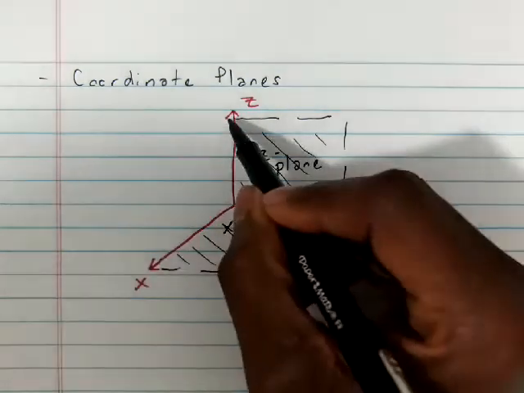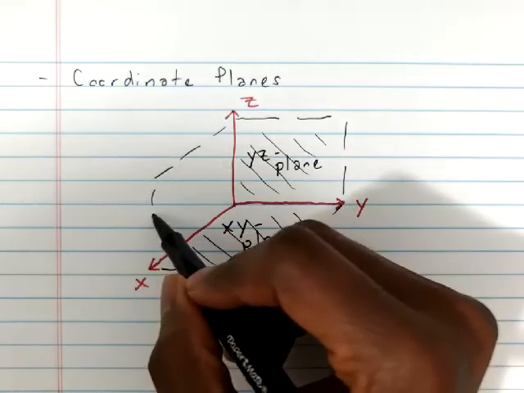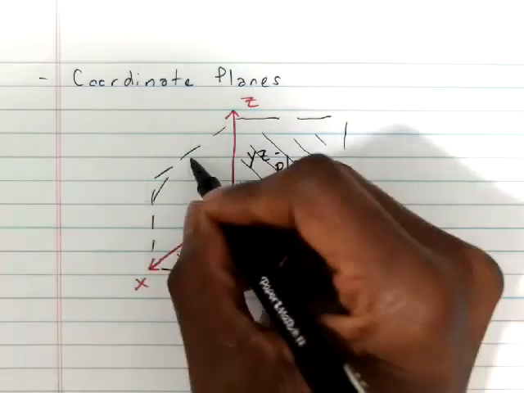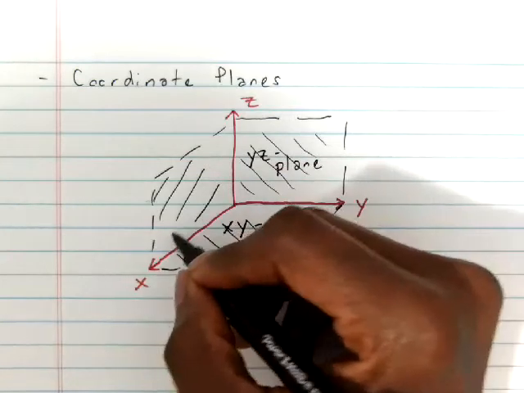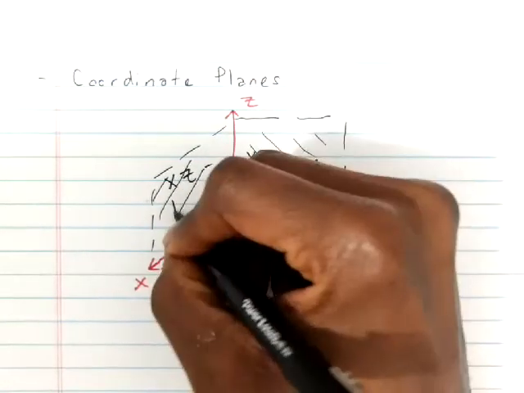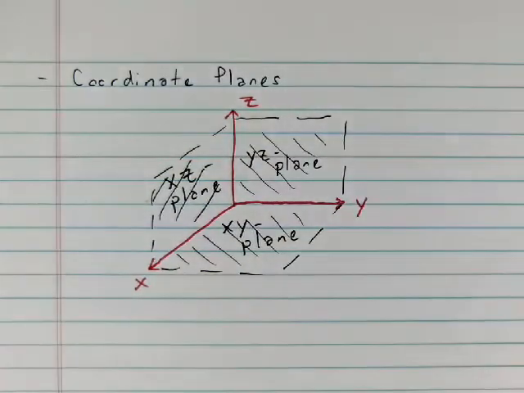And over here, this plane, and all of these planes, remember, they go on forever. This would be the XZ plane. All right, so those are the 3 coordinate planes. So if we say something's in a coordinate plane, or points in a coordinate plane, it's in one of those 3 planes.